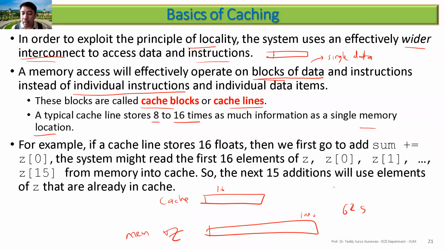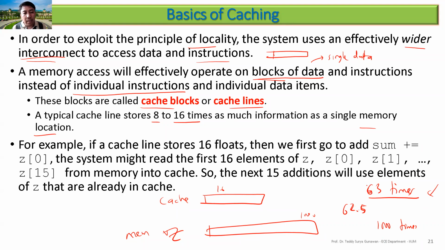So at least you need to read 63 times to read the block of memory, compared to 1,000 times. Which one will be faster? Of course, this one, because you only need to read 63 times.